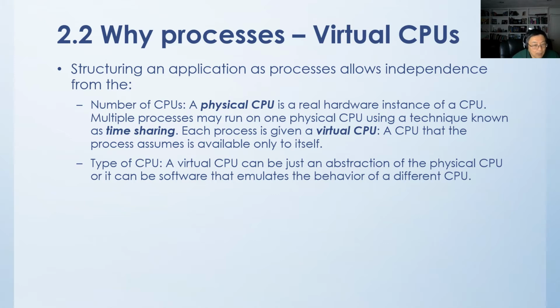Now let's take a look at a simple example. If we have 8 processes and you have 8 CPUs, an 8-core system, then you can allocate one process to a dedicated CPU. So now each process is running on its own CPU.